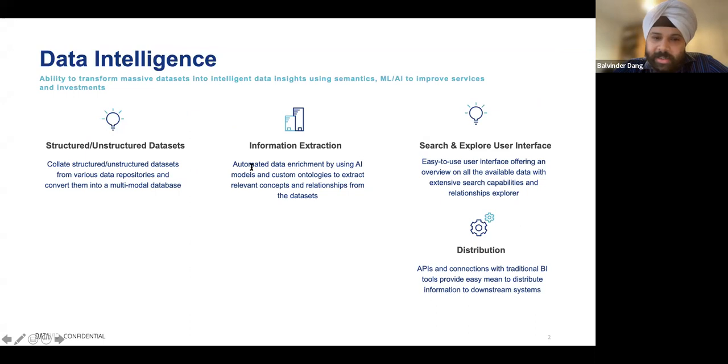So, the question on data intelligence. Data intelligence is the ability to transform massive data sets into intelligent data insights, typically using semantics, machine learning, artificial intelligence technologies to improve services and investments that corporations have done in their businesses in their data. Now, there are various kinds of data sets that corporations have within their ecosystem.